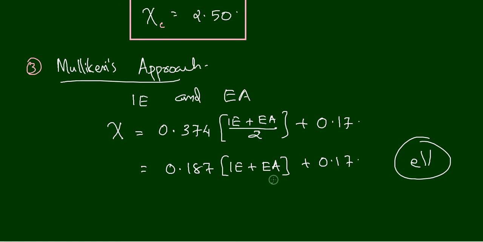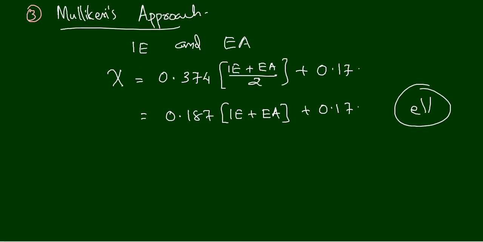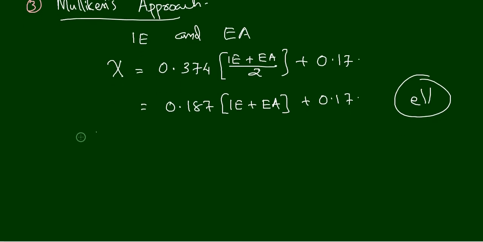If you know the ionization energy and electron affinity of a particular element, then we can calculate the electronegativity of that element. We can do a problem to understand how we can get the electronegativity of an element from the ionization energy and electron affinity values.